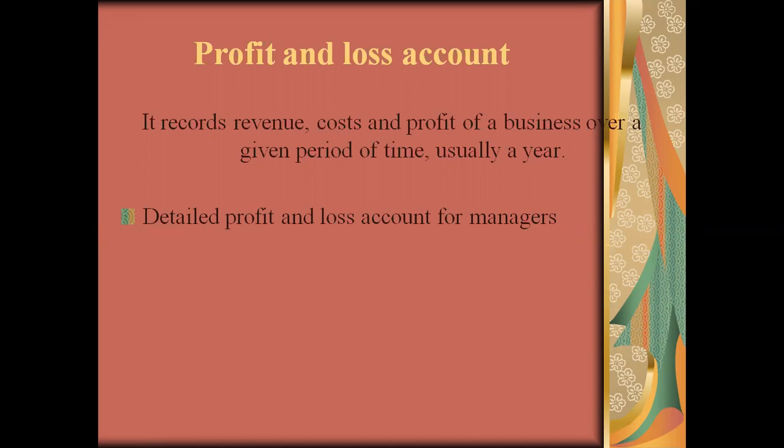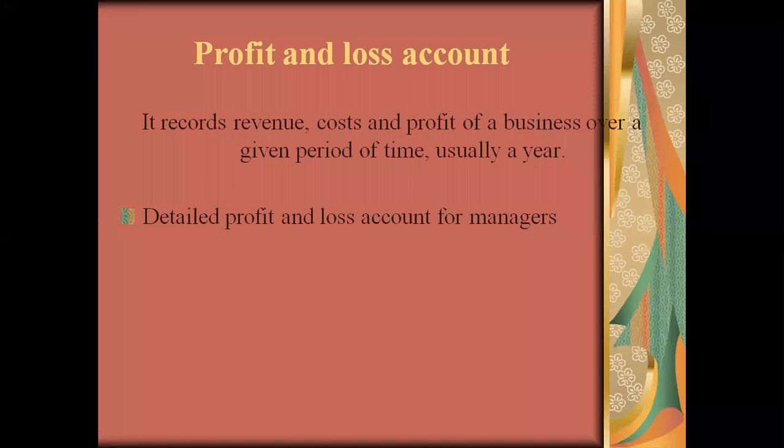Let's say if you have higher fixed cost and lower variable cost, you need to control your fixed cost. Similarly, if your labor cost comprises a greater proportion of your total cost, then you have to control your labor cost as well, by not increasing the wages or by reducing the number of workers.